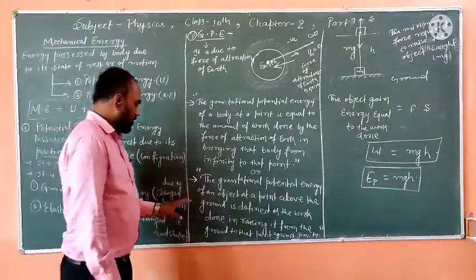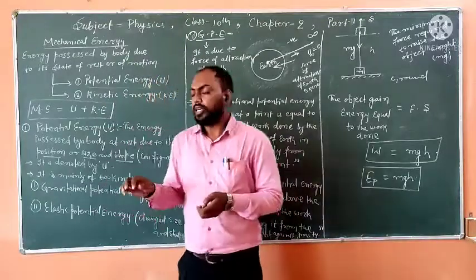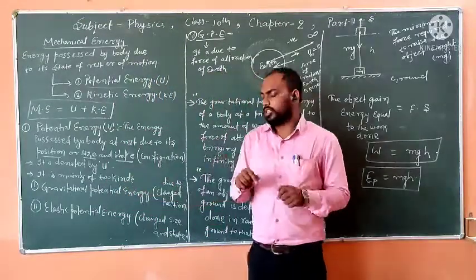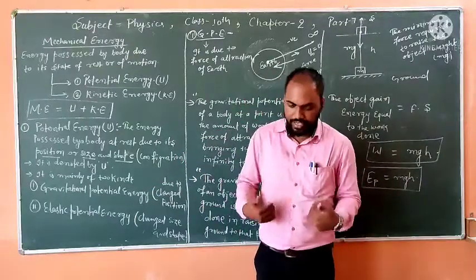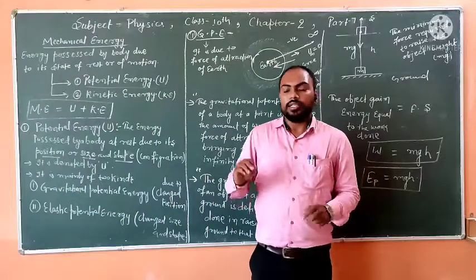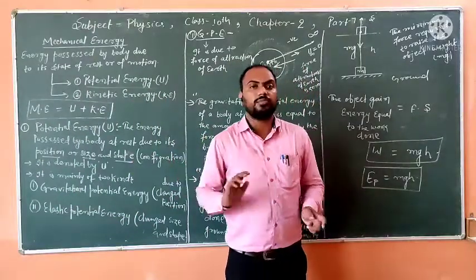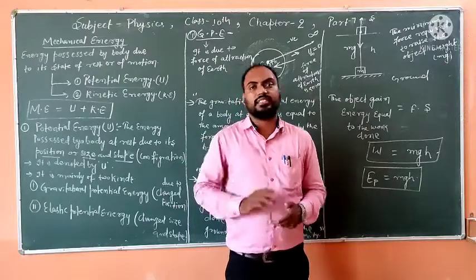Gravitational potential energy is due to change in position of a body. If I am above the table, then the potential energy of this body changes because of its position change.